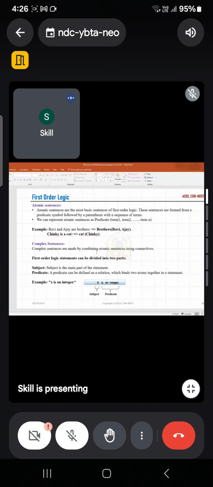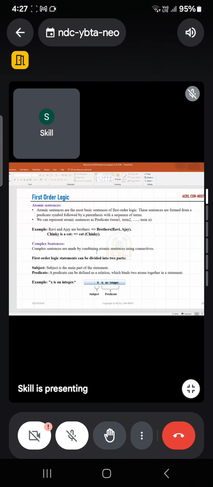Then we will see the complex sentences. The complex sentences will be difficult to understand. From the atomic sentences, we can combine them such that different complex sentences can be made.